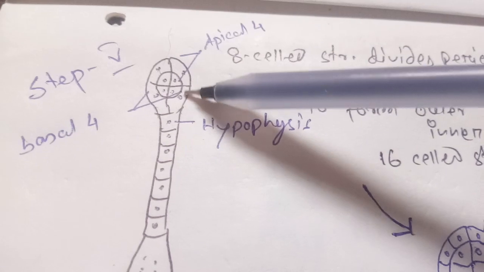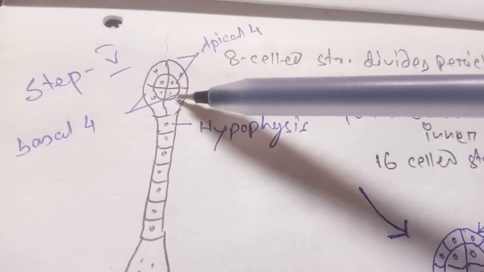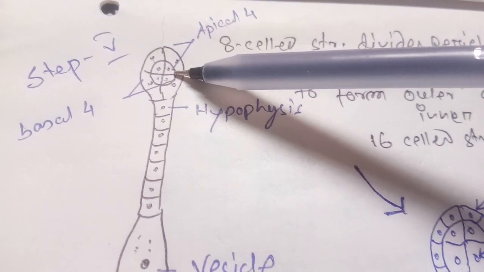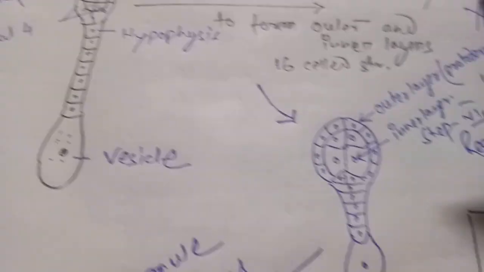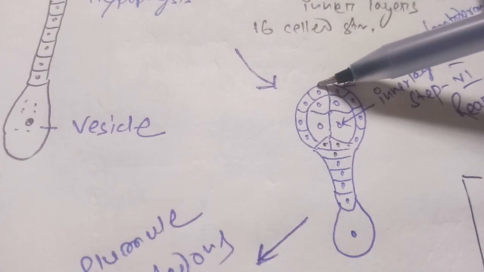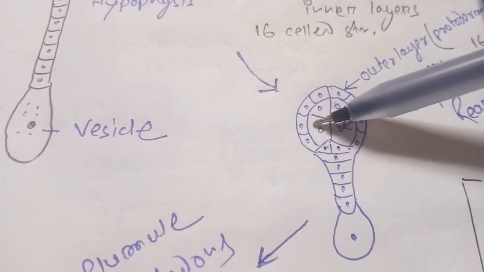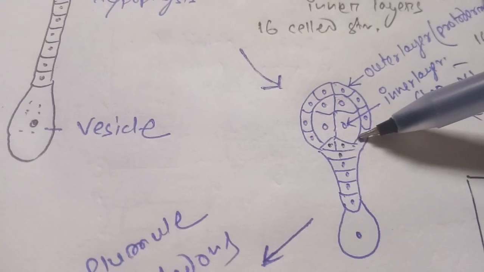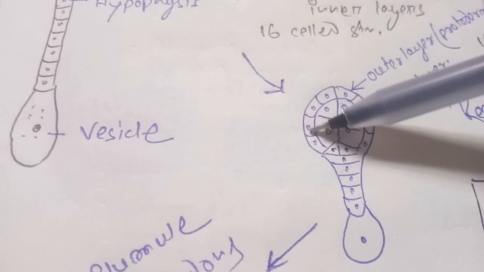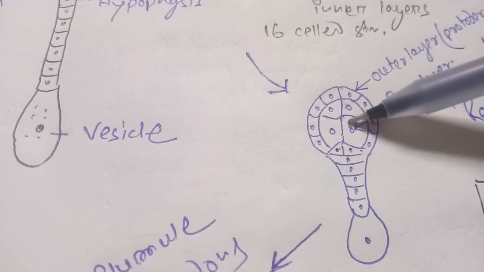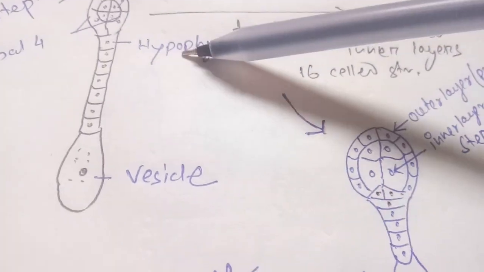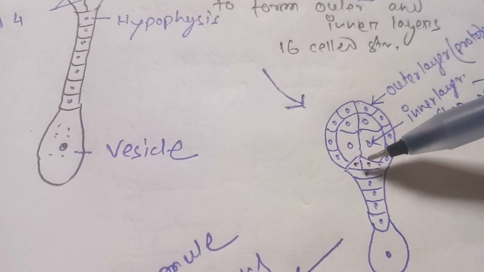The octant cells will again divide periclinally to give rise to a 16-celled structure, and these 16 cells will arrange like this: the outer layer and the inner cells. The outer layer comprises 8 cells and the inner one again comprises 8 cells, and the hypophysis will divide to give rise to this particular structure.